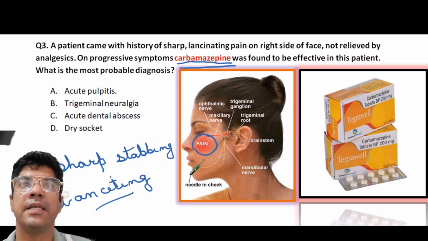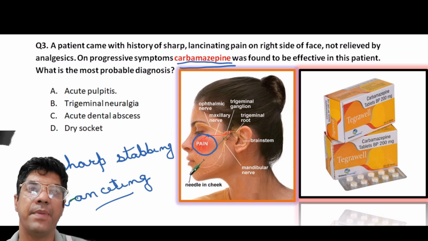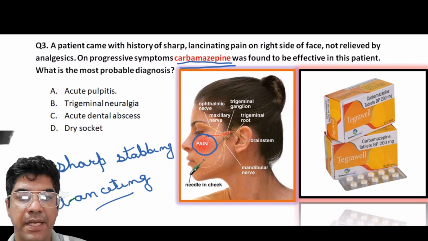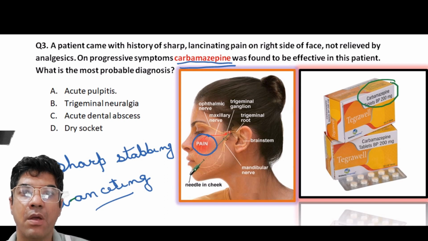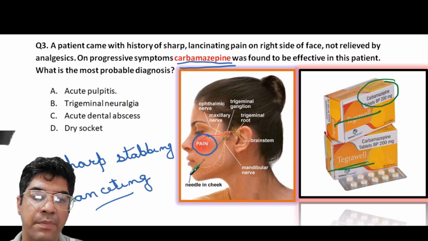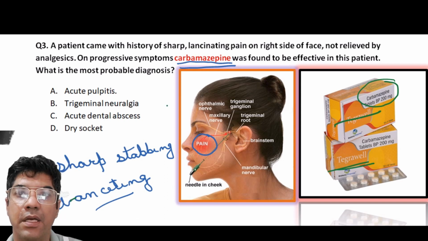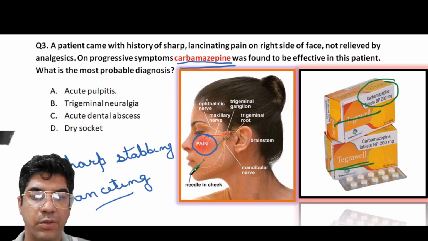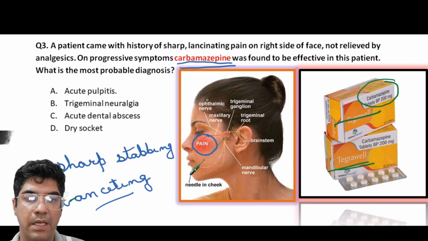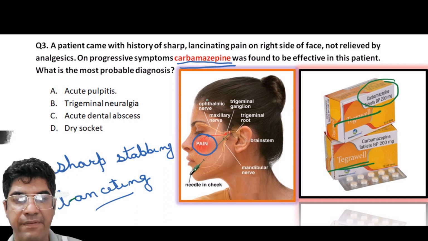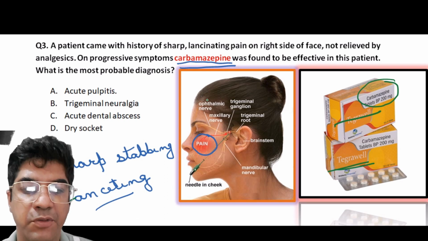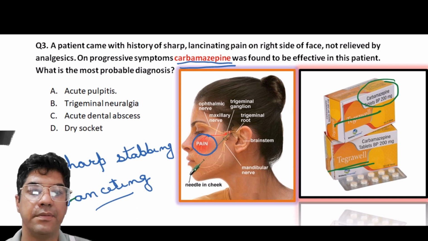The pain is triggered by minor stimuli like touch, chewing, etc. The medicine given is carbamazepine, available under the brand name Tegretol. Therefore carbamazepine is the drug that is effective in relieving the pain associated with trigeminal neuralgia.